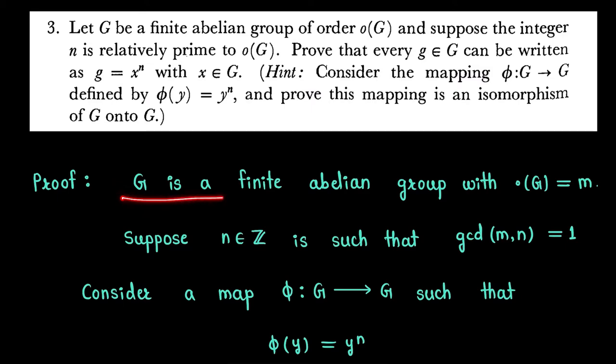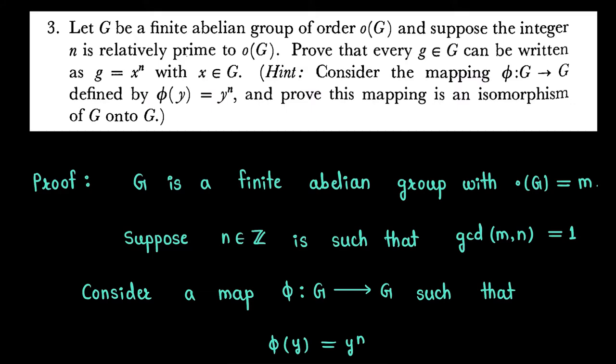Here G is a finite abelian group and let the order of G be m. Now suppose an integer n is such that n and m are relatively prime, that is, n and the order of group G are relatively prime, meaning their GCD is 1.